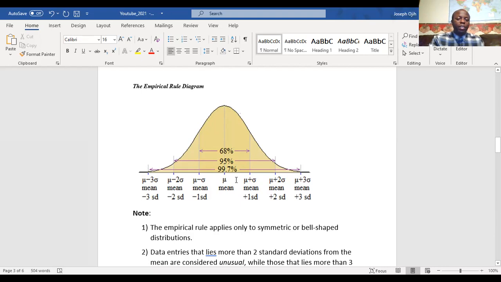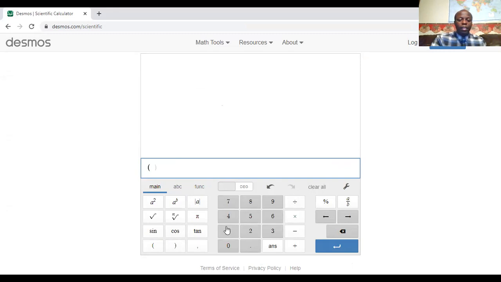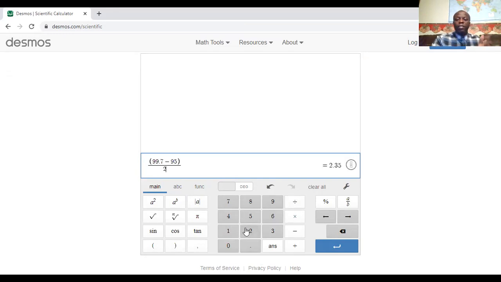So 99.7%, I will take it to decimals. So that we have 99.7% minus 95%. Okay. Divide our answer by 2 because we're looking for two sides, left and right. 2.35% on both sides. 2.35%.